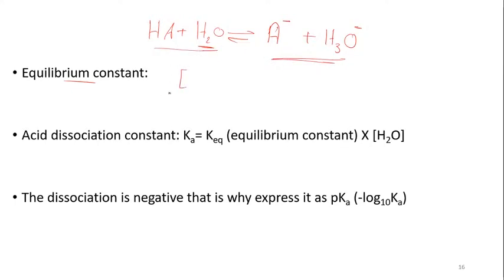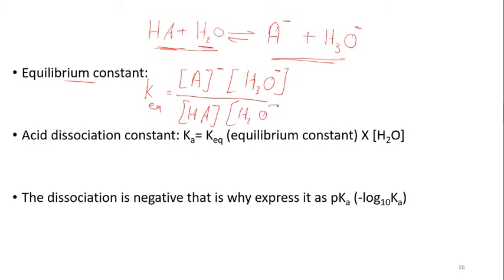This means the equilibrium constant K would be the concentration of my deprotonated acid multiplied by the concentration of my hydronium ion over the concentration of my acid multiplied by water. Because I know the concentration of water, I can multiply the water concentration by the equilibrium constant, and this will give me the acid dissociation constant. So the acid dissociation constant is actually the equilibrium constant multiplied by water.